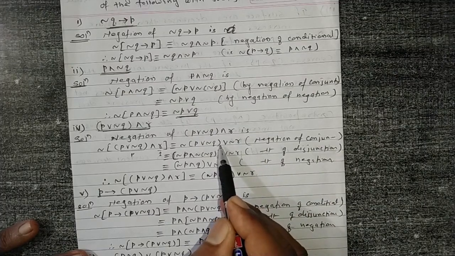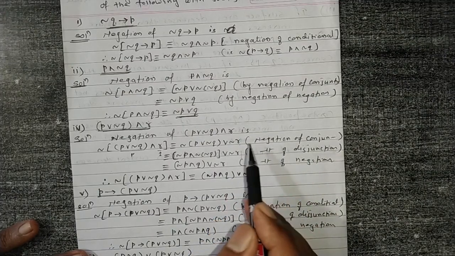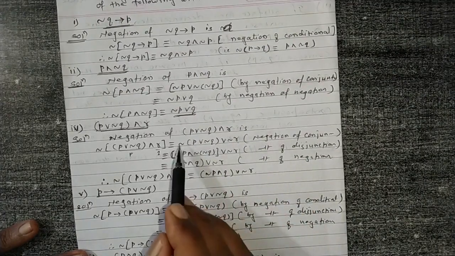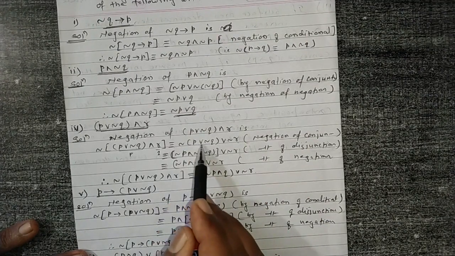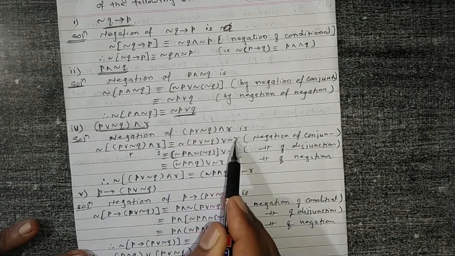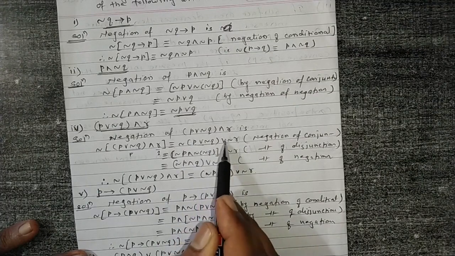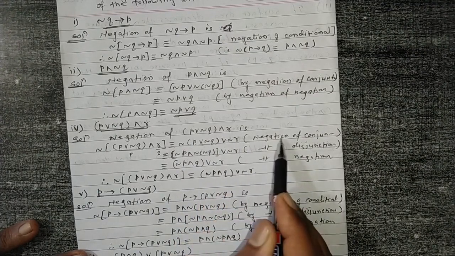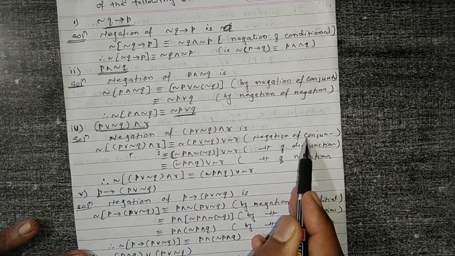Now negation of P conjunction Q is equivalent to negation P disjunction negation Q. Therefore, it is equivalent to negation P, we can consider this as P, negation P disjunction negation Q, that is negation of P disjunction negation Q disjunction negation R. Its reason is negation of conjunction.